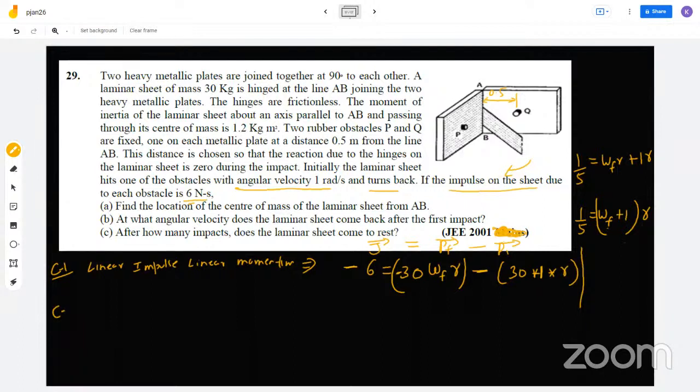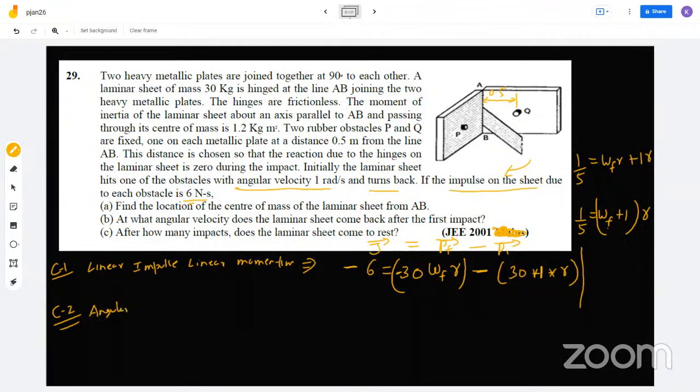Where will the second equation come from? Second equation, guys. For the laminar sheet, the hinges are frictionless, so about the axis we can use the angular impulse, angular momentum theorem.